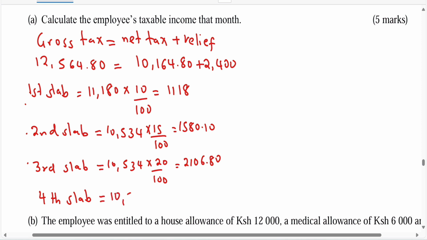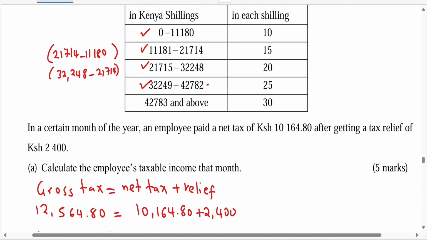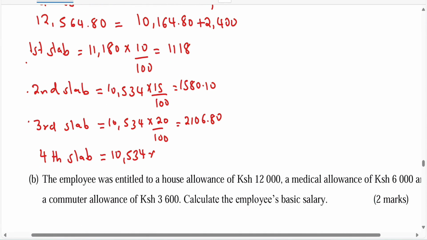So utachukua 10,534 bado, kwa sababu the same thing, just to confirm, hata nikichukua 42,782 minus 32,248 bado itakupa 10,534. So multiply it by 25%, na imekupa 2,633.50.